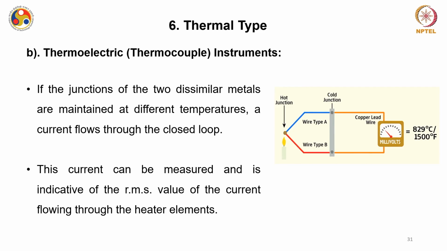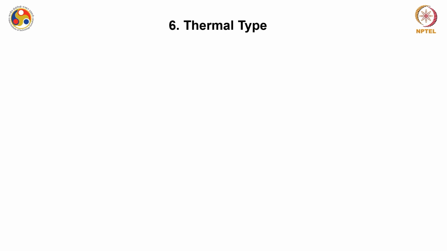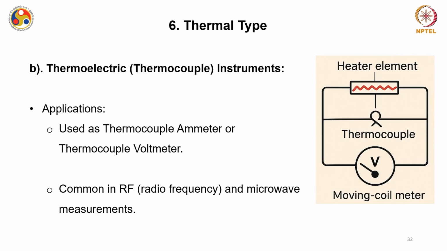So if the junctions of the two dissimilar metals are maintained at different temperatures, a current will flow through the closed loop, and this current can be measured and is indicative of the RMS value, as I have already discussed, of the current flowing through the heating element. The application is that you can have full-fledged thermocouple ammeters or thermocouple voltmeters, and they are very common in RF and microwave measurements.